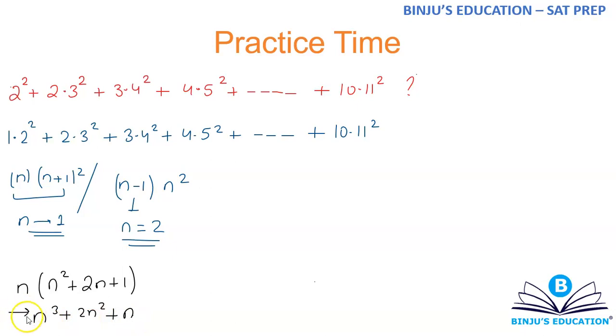So you have a cube term, a square term, and an n. If I do it the other way, n starts from 2 and it's n minus 1 into n square, which is nothing but n cube minus n square. Which one is better? The second one is better.